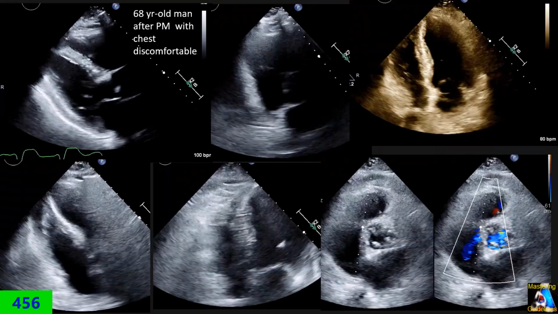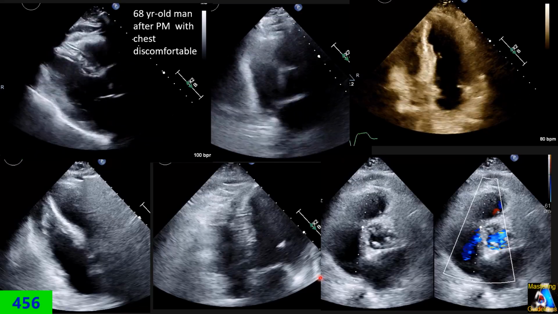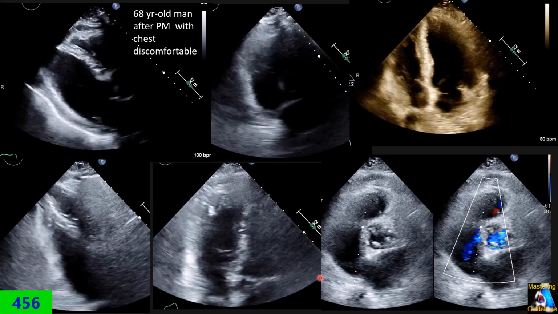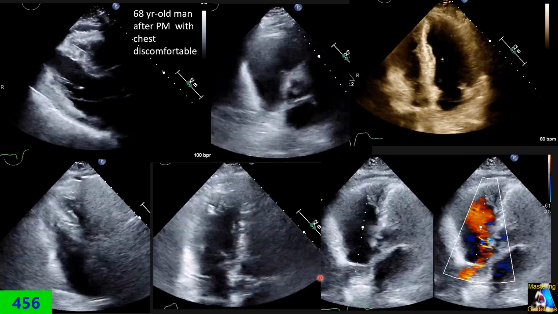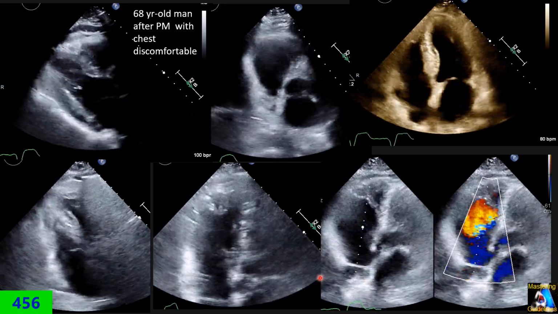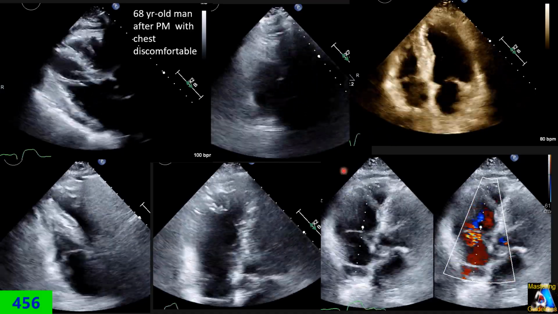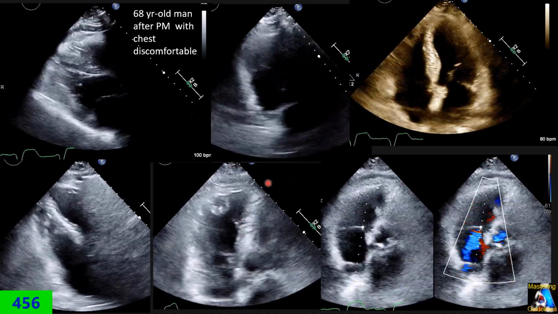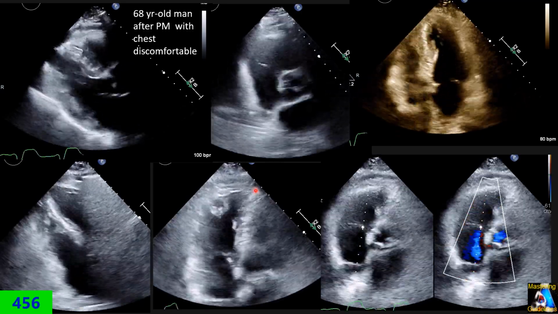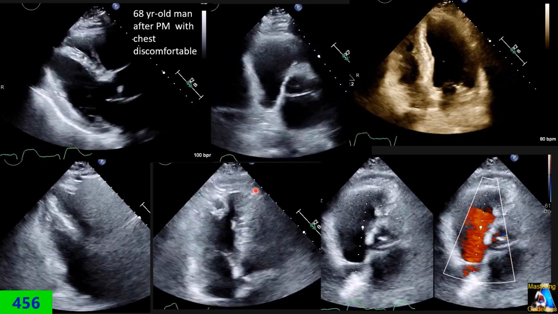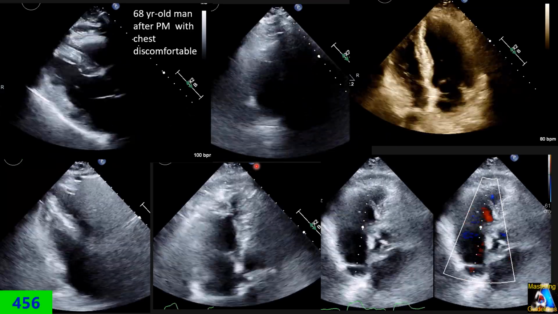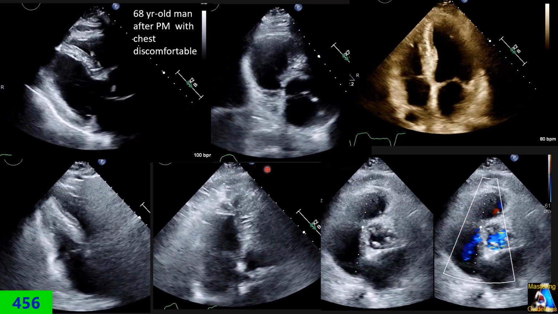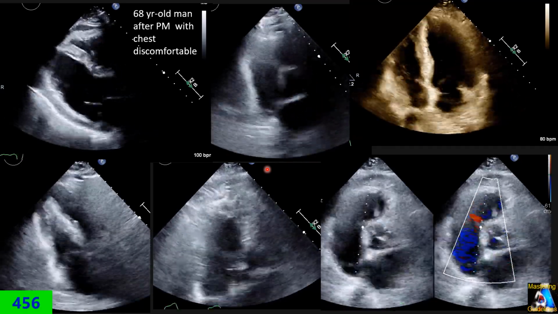Here we have a second case, a 68-year-old man. For some reason, they put in a temporary pacemaker. After insertion of the pacemaker on the floor, the patient complained of chest discomfort and a kind of closed pain, and it became worse with breathing.